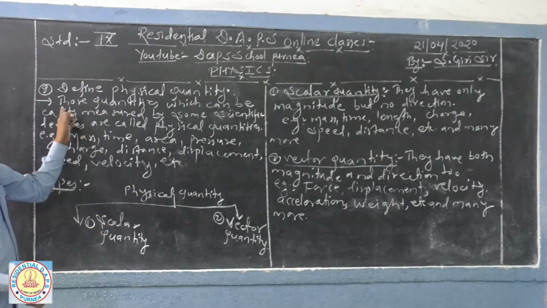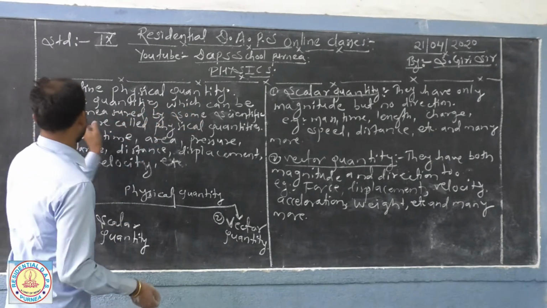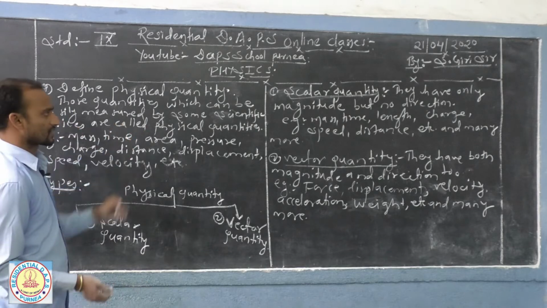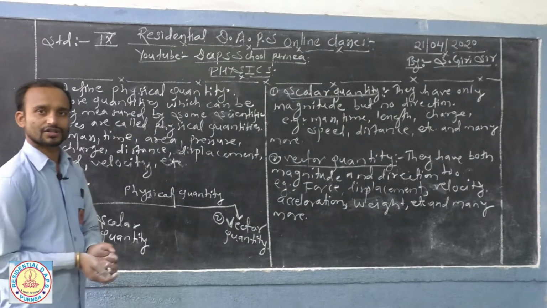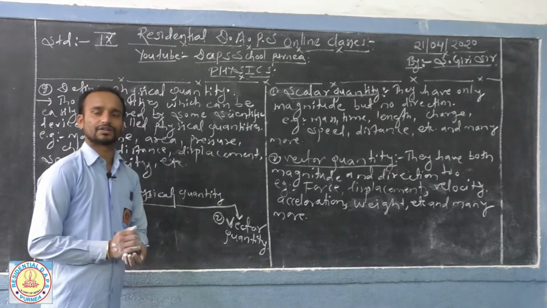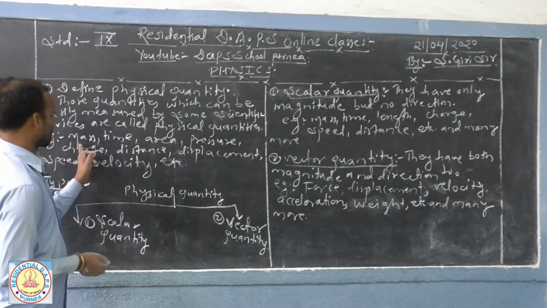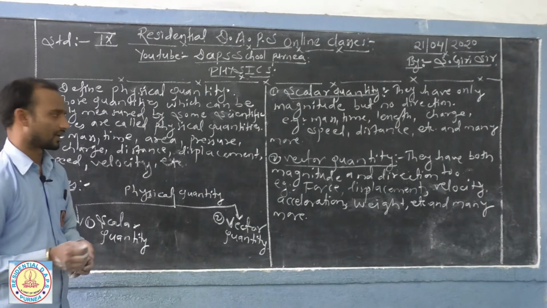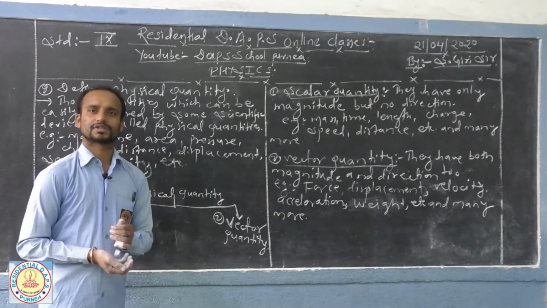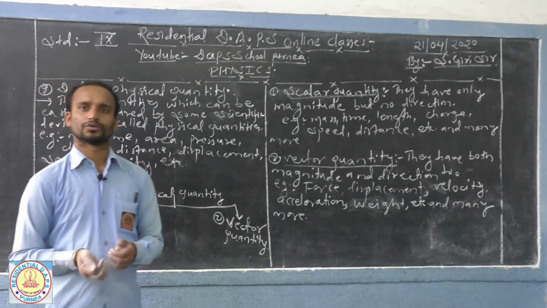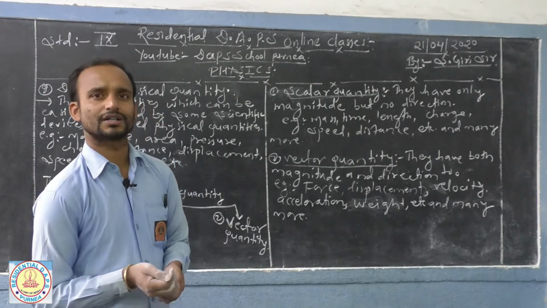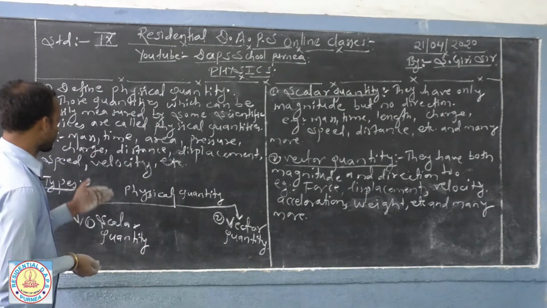Those quantities which can be easily measured by some scientific tools or devices are called physical quantities. Many examples: mass, time, area, pressure, weight, force, deceleration (retardation means the same thing), velocity, speed, distance, displacement, and so on.